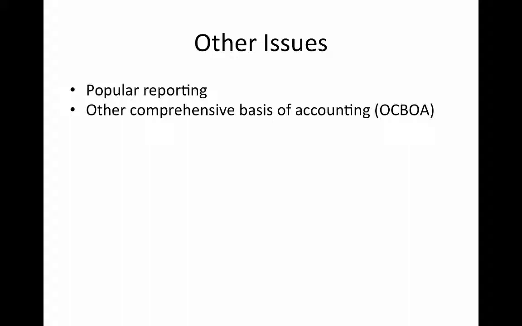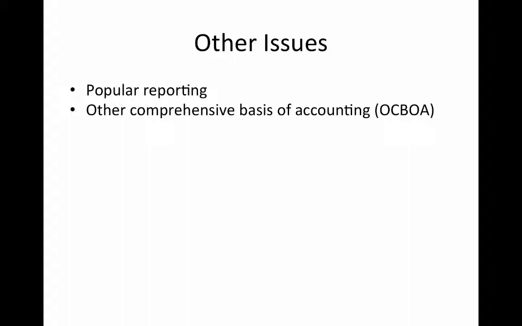So, it looks like a GAAP-based financial statement, GAAP-based financial report, but it's not following GAAP in terms of the basis of accounting that is required, meaning accrual and then modified accrual for the governmental funds. So these other bases of accounting might be cash or modified cash.